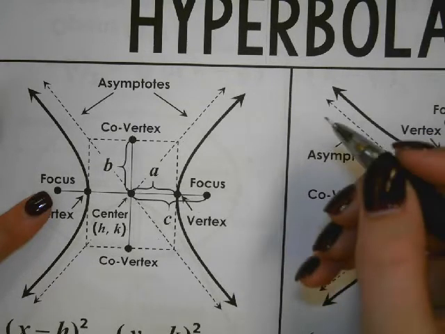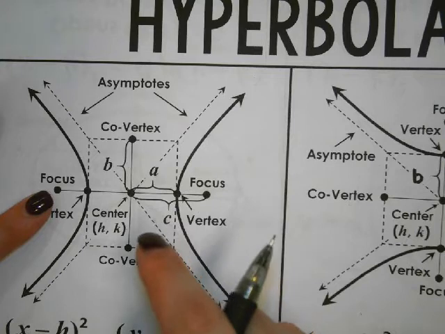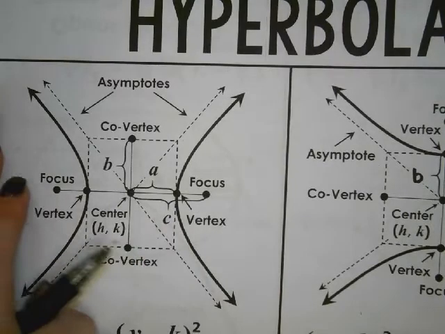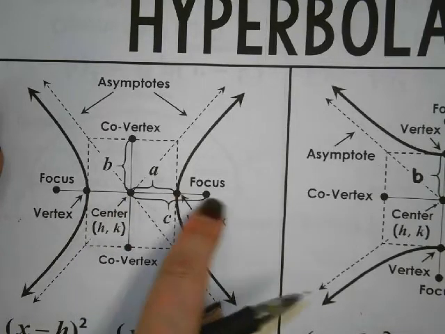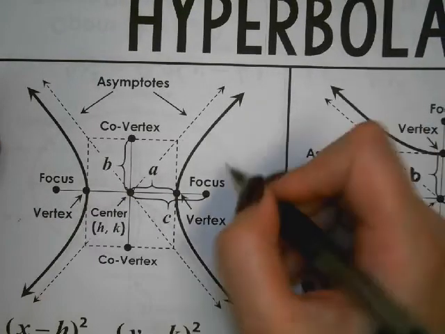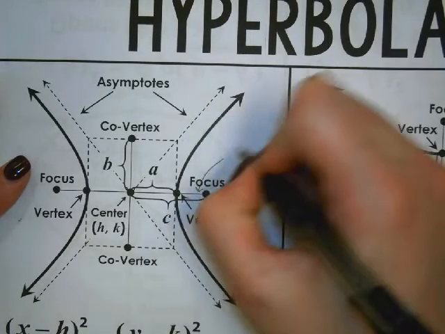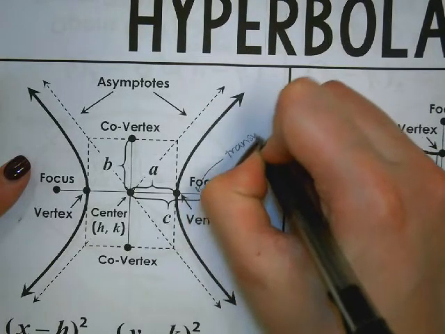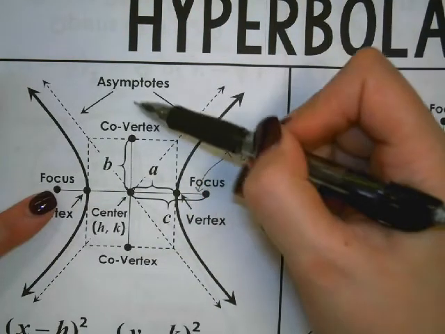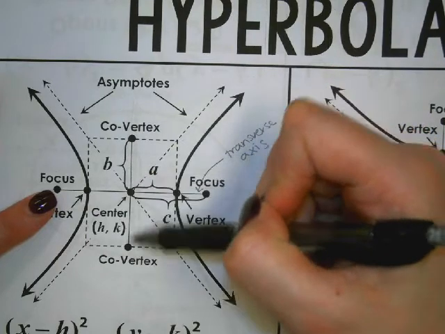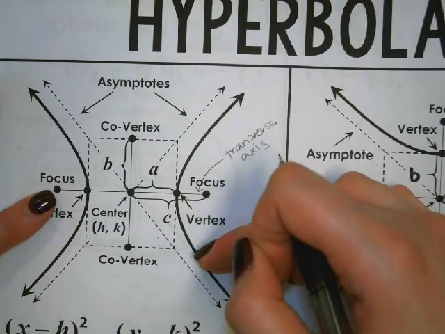So we're going to go ahead and label some extra stuff in our picture. So the axis of symmetry that goes right through here, it goes through the focus and the vertex and the center and the other vertex and the other focus. This one right here is called the transverse axis. And then this axis of symmetry right here, so here you have the hyperbola folded in half over the transverse axis.